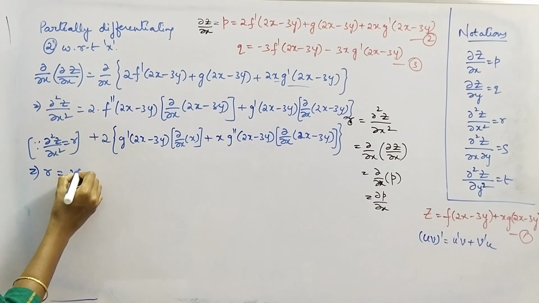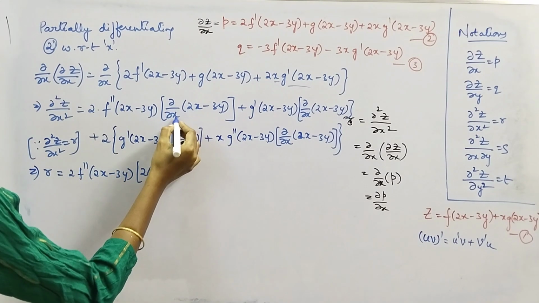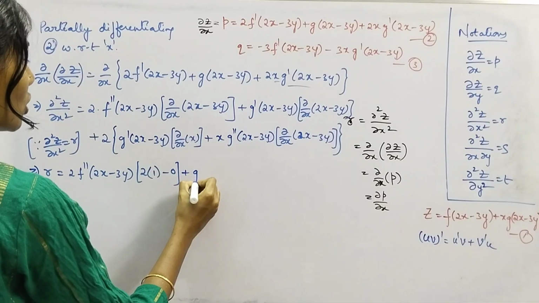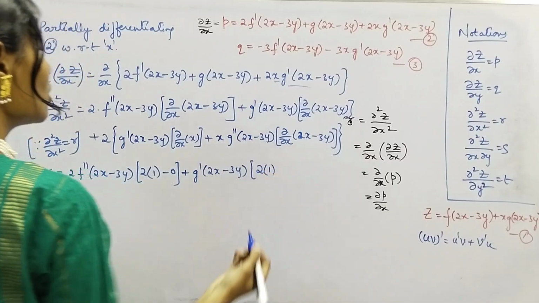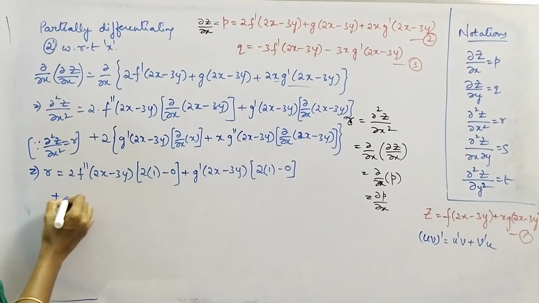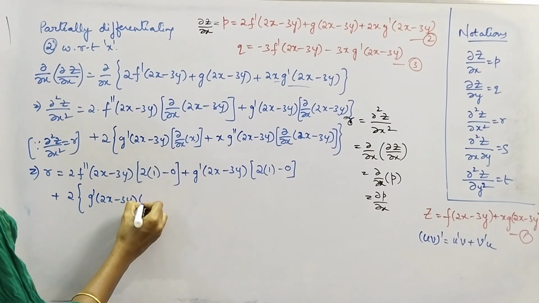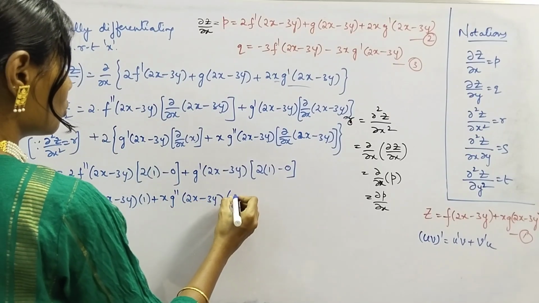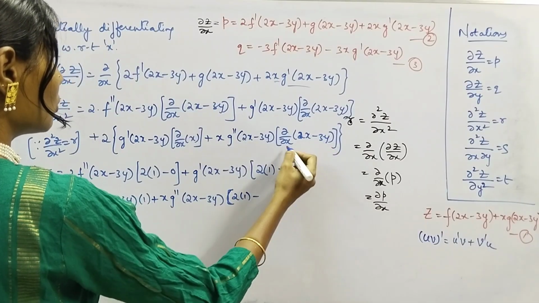You'll get r equal to 2 times f'' of 2x minus 3y into 2 times the partial derivative of x with respect to x is 1 minus the partial derivative of 3y with respect to x is 0, plus g' of 2x minus 3y into 2 times the partial derivative of x with respect to x is 1 minus the partial derivative of 3y with respect to x is 0, plus 2 times g' of 2x minus 3y into the partial derivative of x with respect to x is 1, plus x into g'' of 2x minus 3y into 2 times the partial derivative of x with respect to x is 1 minus the partial derivative of 3y with respect to x is 0.